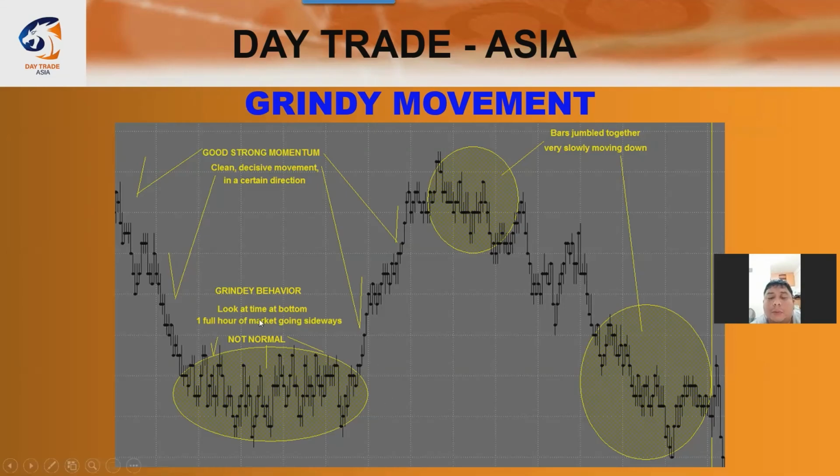So grindy behavior can also be consolidation, but at the same time, grindy behavior can also have direction. For example, here you have direction going down, but you have grindy behavior. How do we determine grindy behavior? When you see these dots, you just follow these dots where it goes down. Basically, it's just grinding down, right?